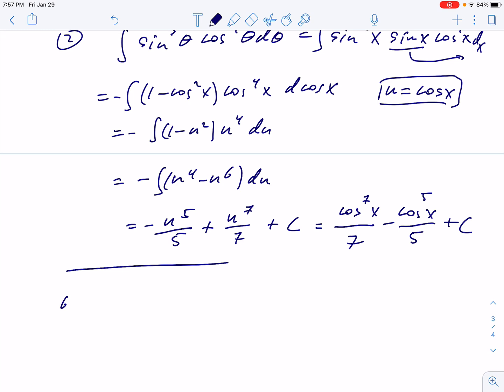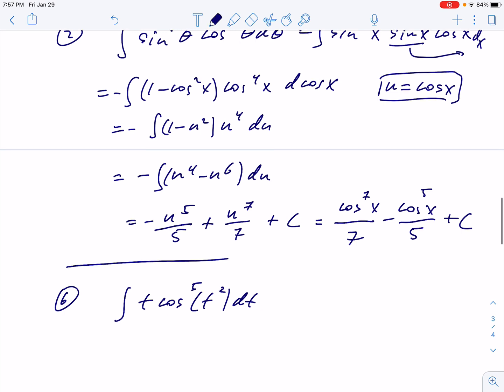Here is number 6. Integral now t cosine 5th power t squared dt. Let's make t squared better here.